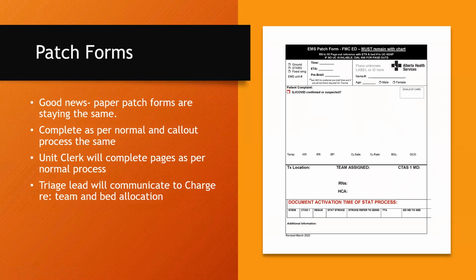But the concern with us is, one, Connect Care is a huge learning curve right now. Do we want to go all electronic just for patches? The other concern is if we have 3 patches going in at the same time, how are we going to have 3 computers available for people to put in that information? So right now we're going to stick with patch forms, the paper process.